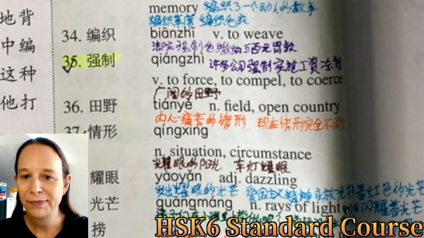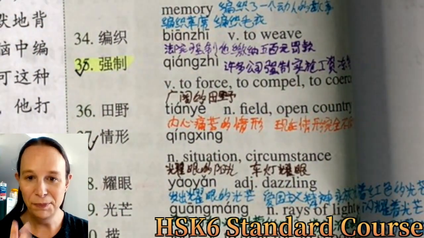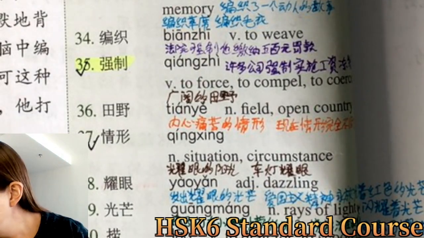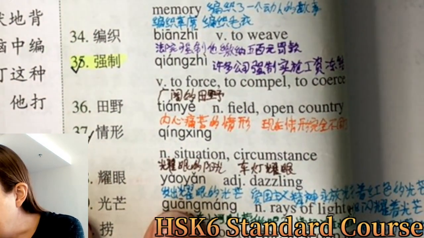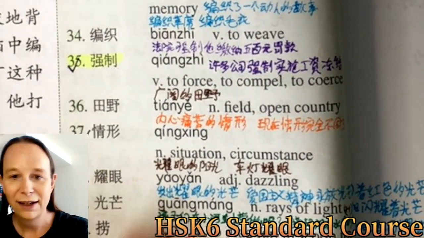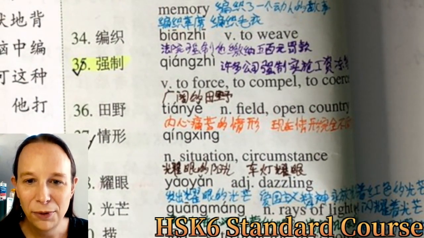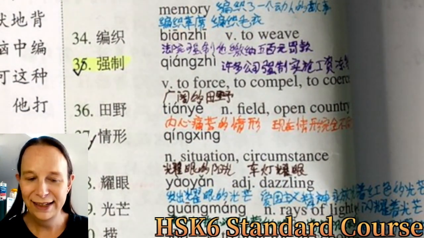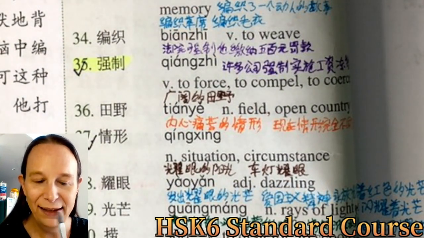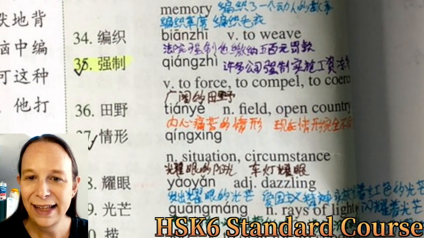Anyway, 强制, compel. I like compel because we talk about compulsory voting. So it's usually in that sort of sense. What examples did I jot down here? 法院强制他缴纳500元罚款. So 法院 is the court. So the court compelled him to 缴纳 means to pay. Usually 缴纳 you're like you pay your bills or something like that.